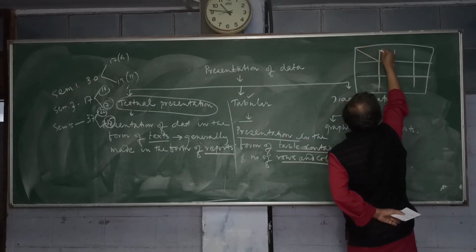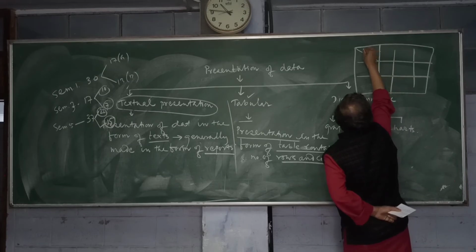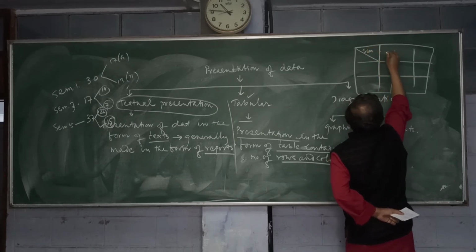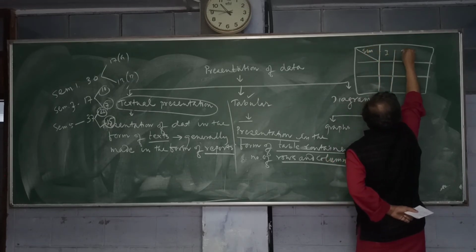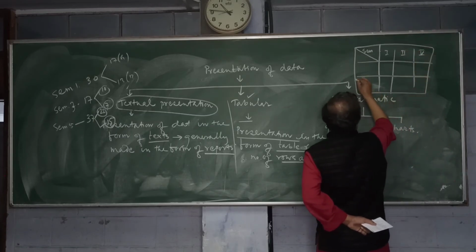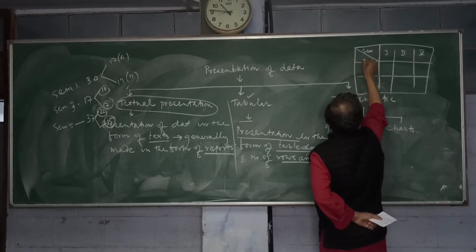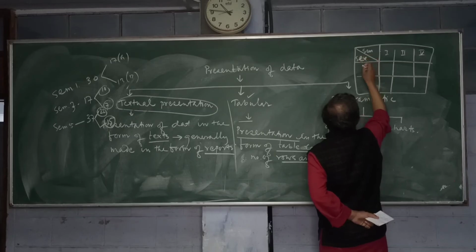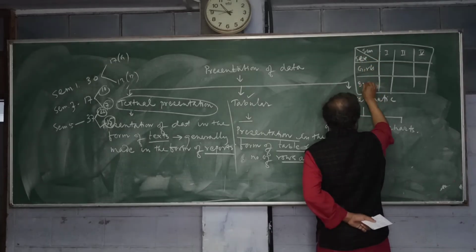Suppose this side is semester 1, 3 and 5, and this side is the sex of the students, that is girls and boys.